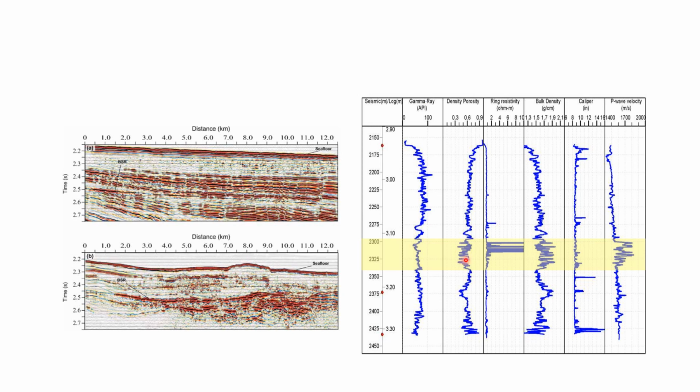And in the gas hydrate zone, we get the neutron and density porosity very high. Here you can see the porosity is high, approximately 0.7, that is almost 70%. And because of the presence of gas, the resistivity is very high.